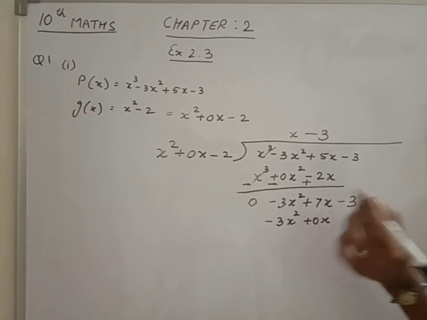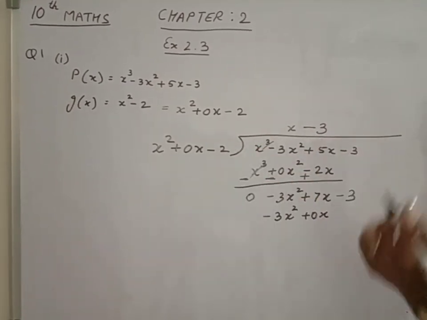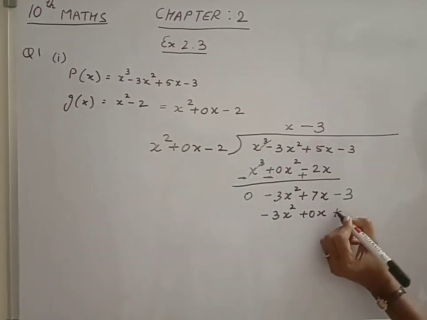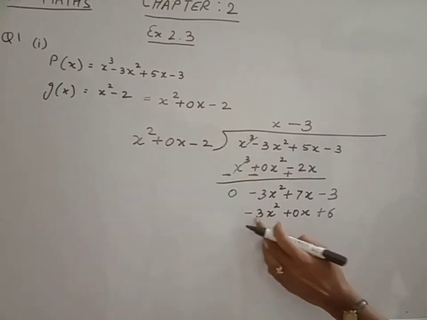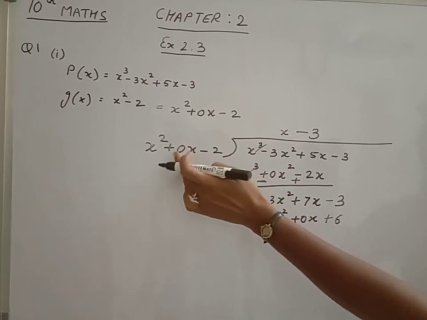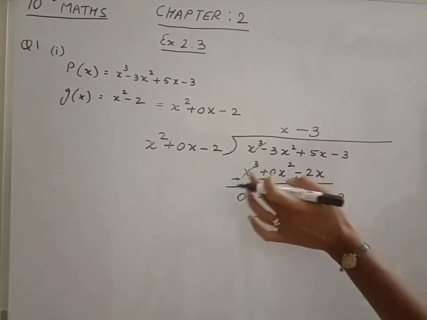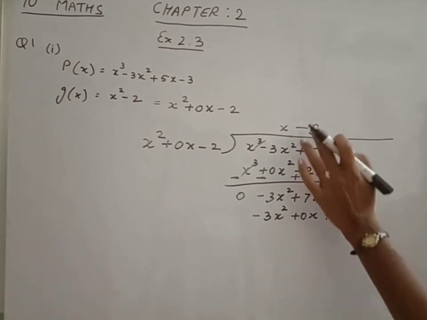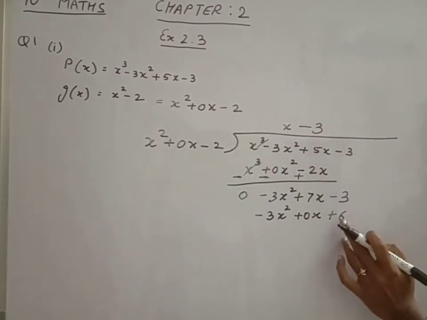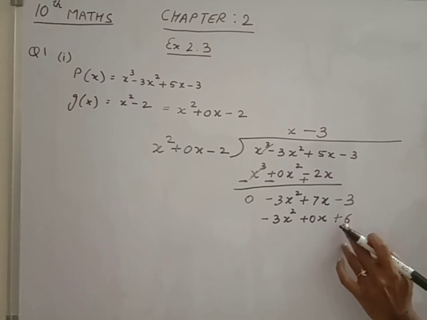Or in short, it is 0 only. Then minus 3 into minus 5 is plus 15. Whatever you are writing, the answer is 0. Minus into minus is plus.